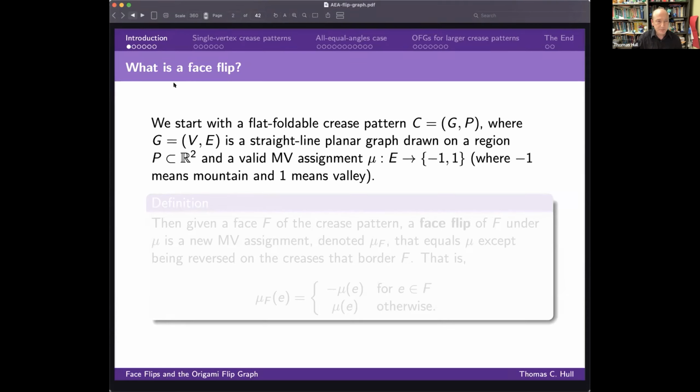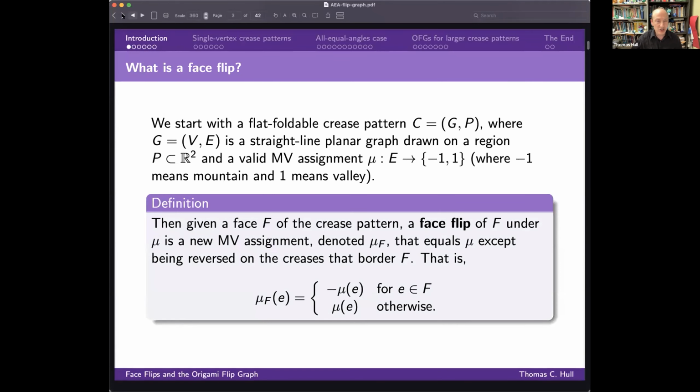Okay, so we have a flat foldable crease pattern and a mountain valley assignment that is valid, meaning that it will fold without the paper ripping or anything.